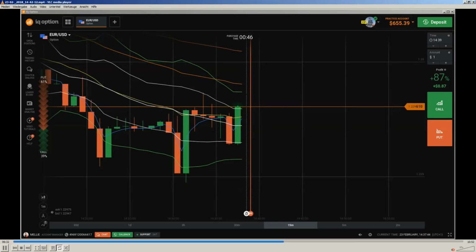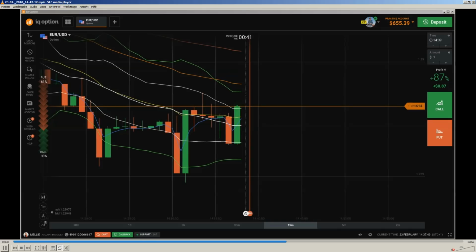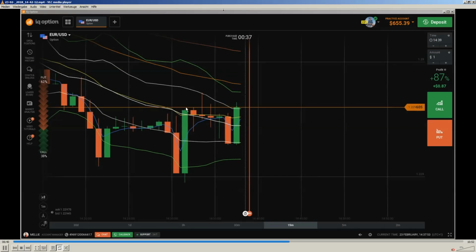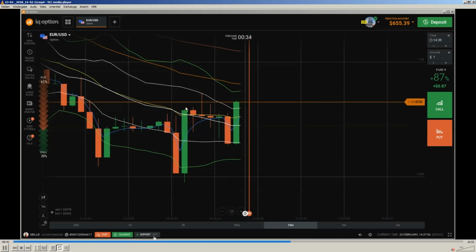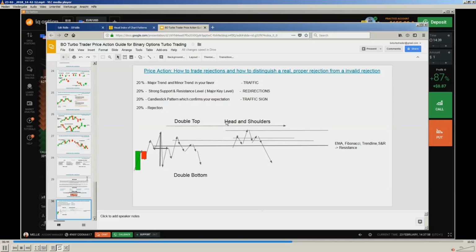That is the reason why I didn't enter again into a put. And you see this candle here is breaking again through this level here, the new level was created, and now we are breaking through this level.